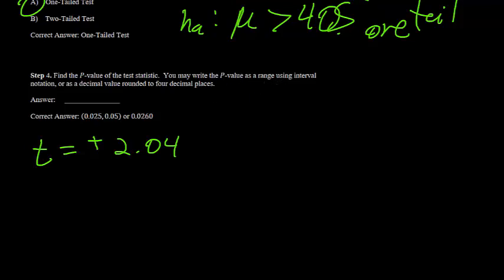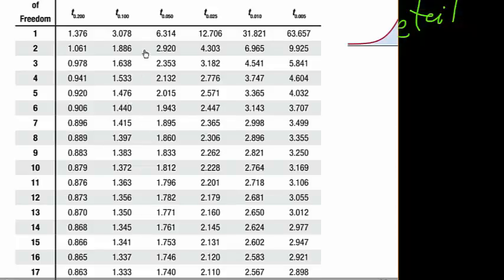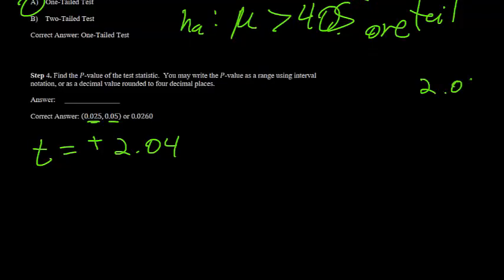We're going to use the t table to do that, so let's do exactly that right now. Here's my t statistic, positive 2.04, so we can see it while we're working.